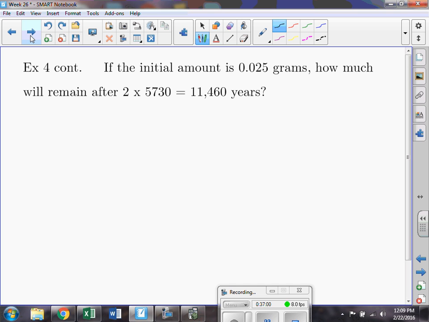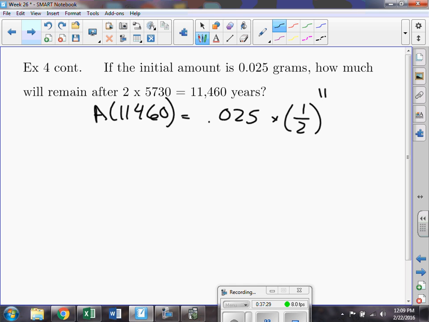Let's use the model. If that initial amount was actually 0.025 grams, how many grams will remain after 11,460 years? Well, we can actually put things into the model. The amount after 11,460 years is the initial amount multiplied by half to the power of 11,460 divided by the half-life, 5,730.